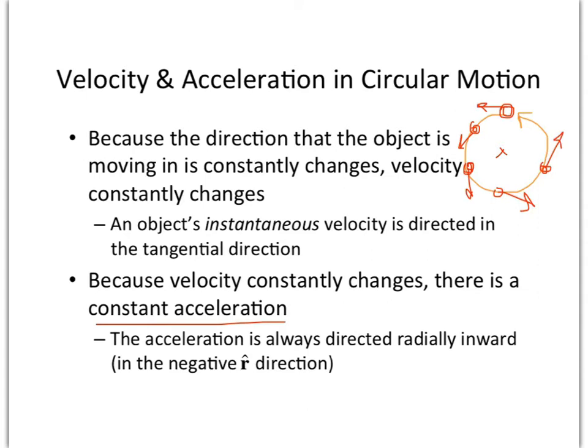So the acceleration, if we move towards the center, we're going to call the negative direction. That's negative. That's negative. That's negative, and so forth. Towards the outside, towards the rim of the circle, we're going to call that the positive direction.